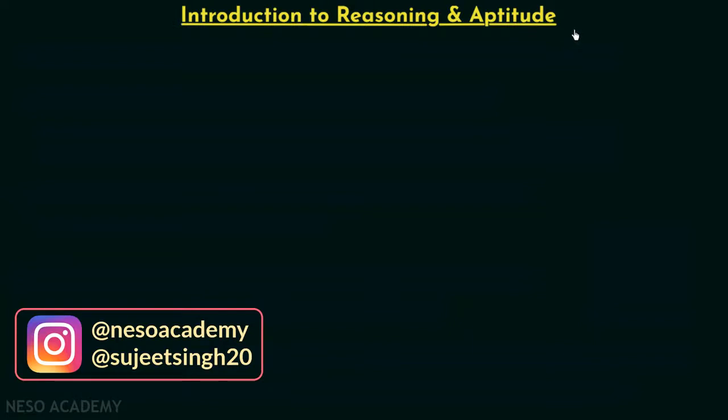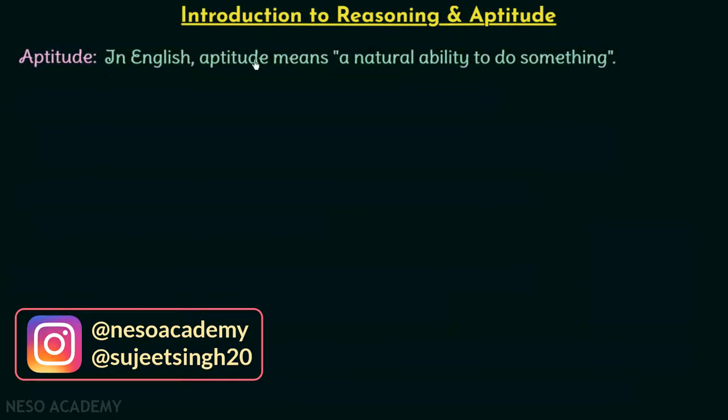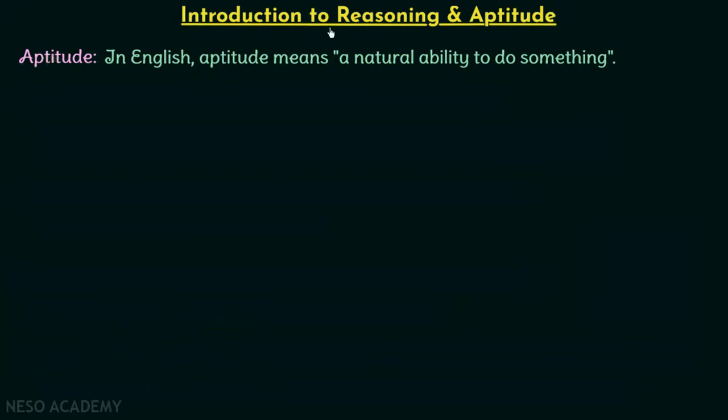The question number 1 is, what is reasoning and what is aptitude? Aptitude in English means the natural ability to do something. So your natural ability or capability to do something is known as aptitude. And what is reasoning? Reasoning is the process of evaluation using the aptitude you have.